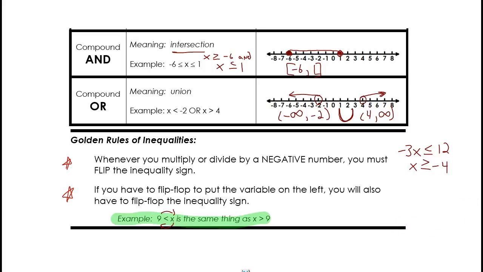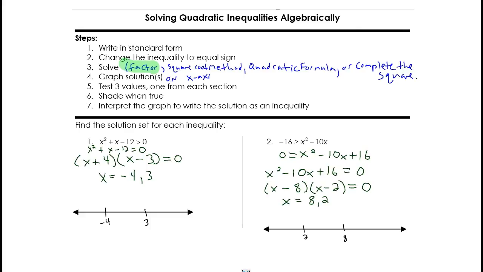Now, here's our first example and some steps that you can use for these examples. As you go through these examples with me, the first step is to change the inequality to an equal sign. Well, I've already done that on all of these questions. The second step is to solve that quadratic equation. We've used several methods for solving quadratics in this class.